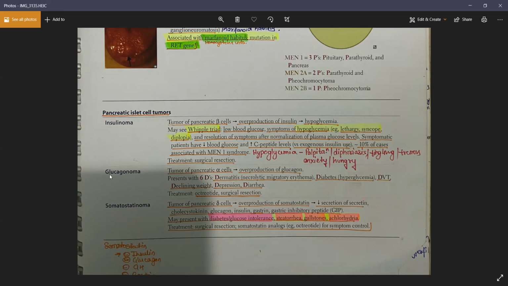Whenever Step 1 gives you a patient with a glucagonoma, they will always tell you that the patient has a recent diagnosis of diabetes within 6 or 7 months. This is a very important thing. After diagnosis of the diabetes, the patient is now presenting with other symptoms like dermatitis, which is a necrolytic type of rash.